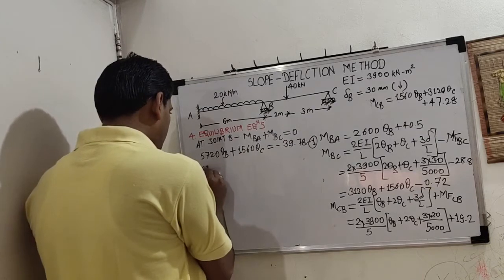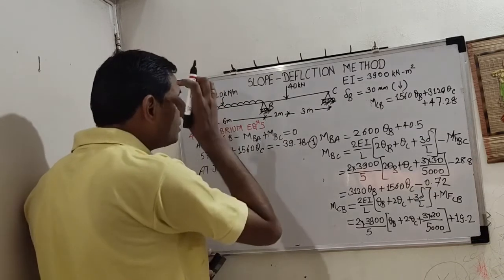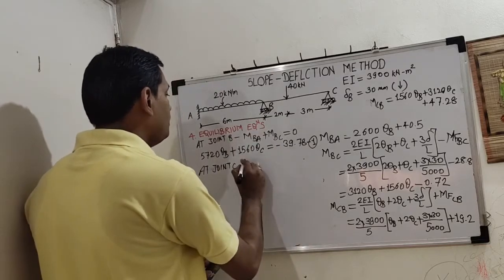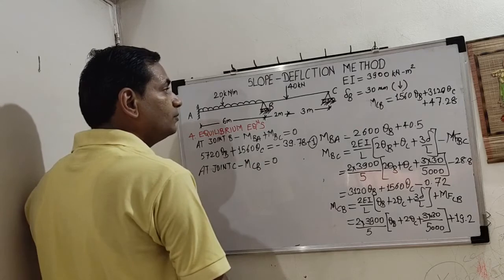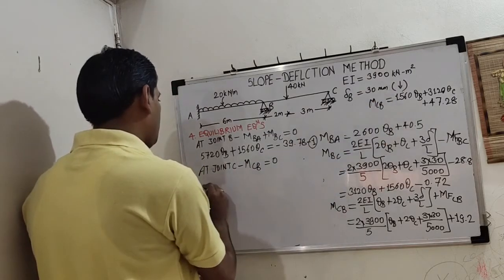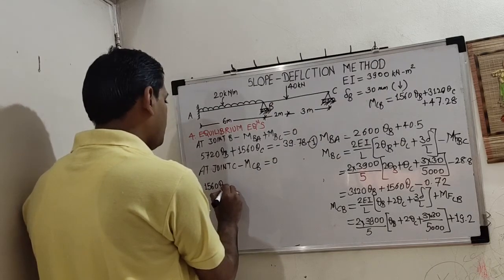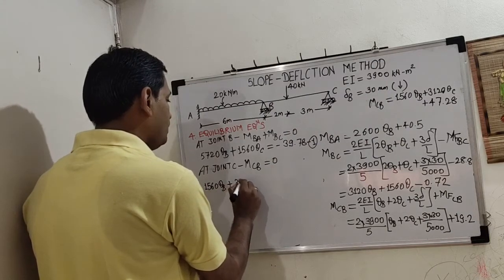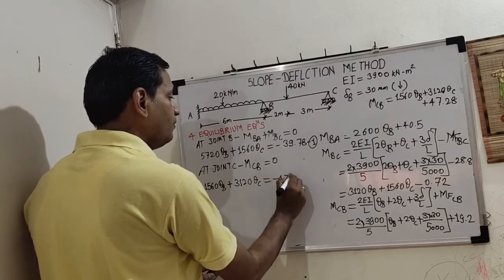Second condition will be at joint C. And that condition is MCB is equal to 0. So what is MCB? MCB is here. 1560 theta B plus 3120 theta C, it is equal to minus 47.28.